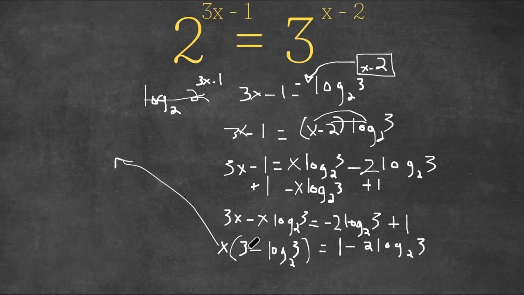All right, so now we're going to divide by 3 minus log subscript 2 of 3 so we can isolate x.